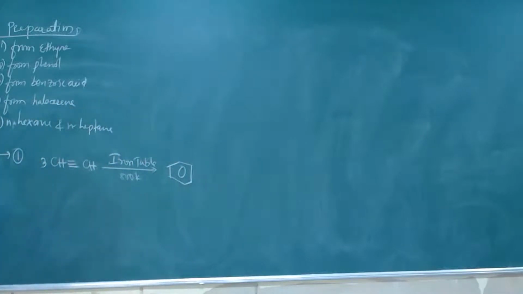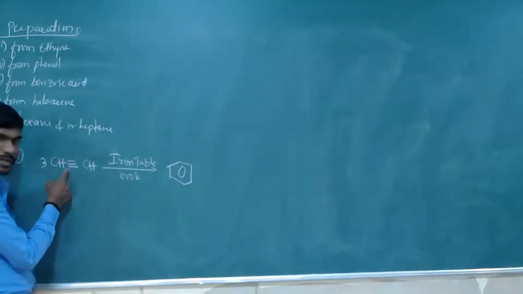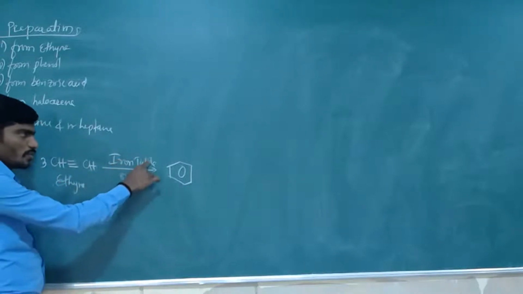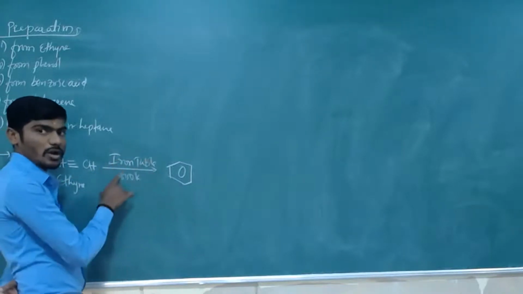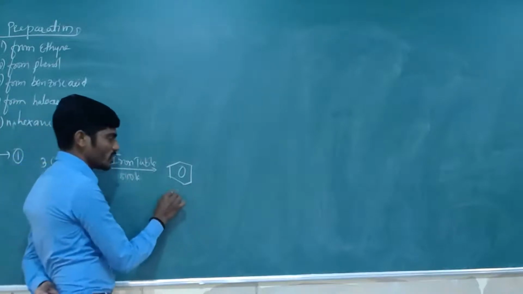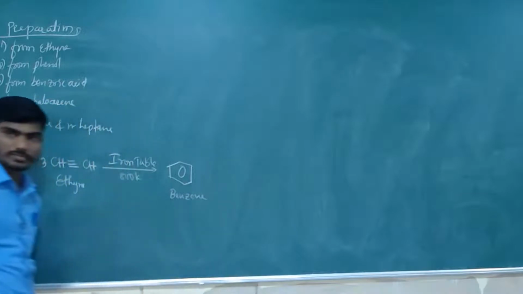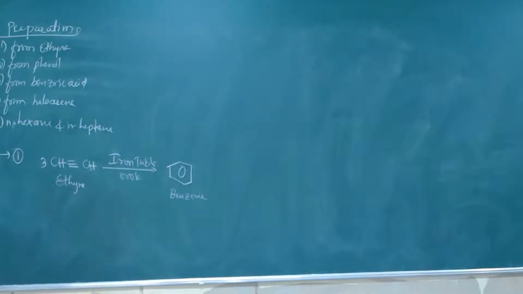Second, what is this name? Ethyne. When ethyne is passed through a red hot iron tube at high temperature, it gives rise to benzene. This is one preparation.